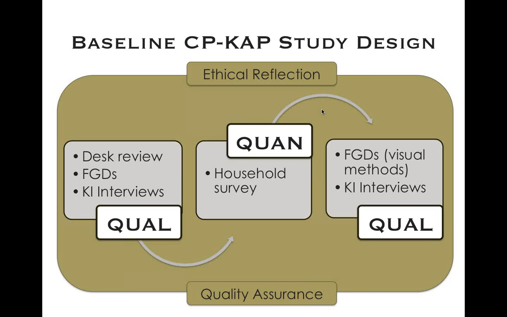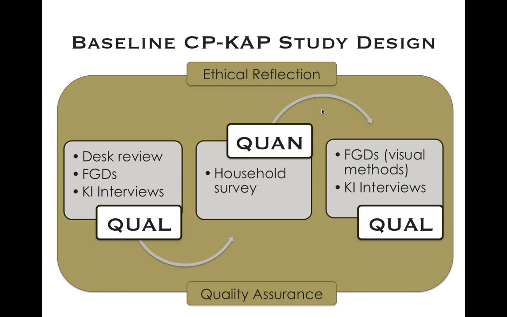Early on in the study, we did a review of literature and legislation and focus group discussions and key informant interviews to focus the study, to conceptualize the data collection instruments, and also to raise awareness about the study and start building relationships that were crucial to then ensure the use of findings.